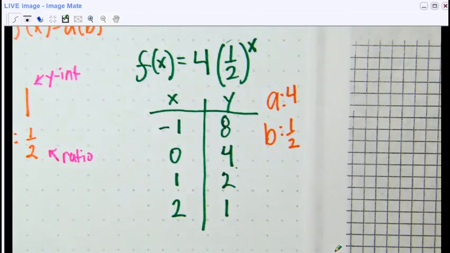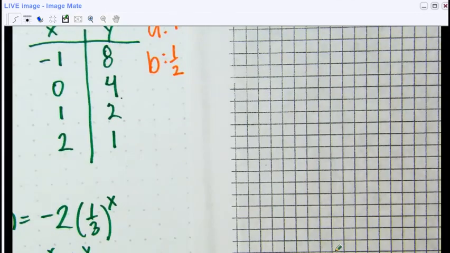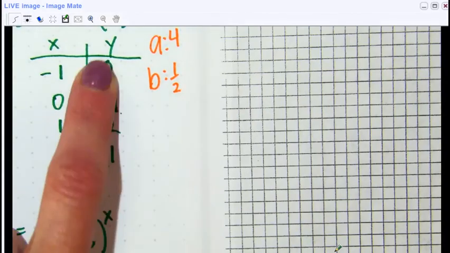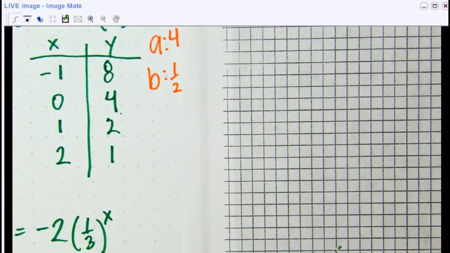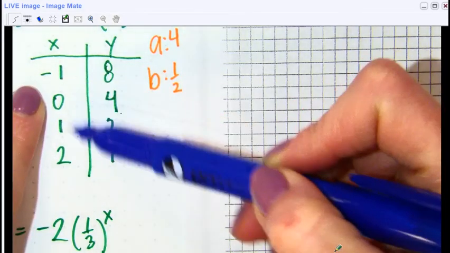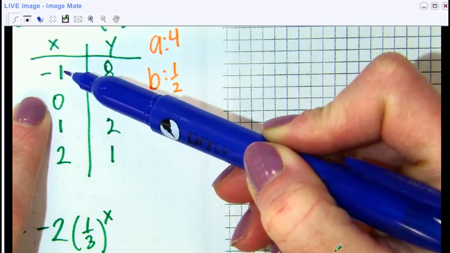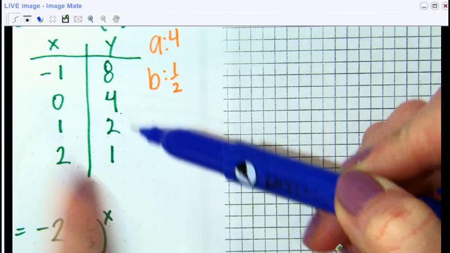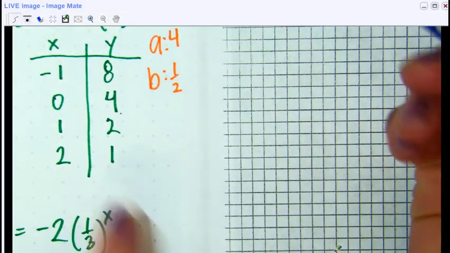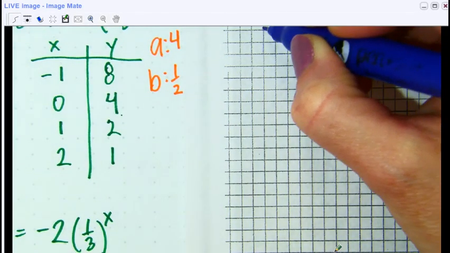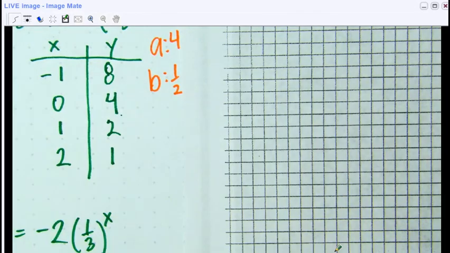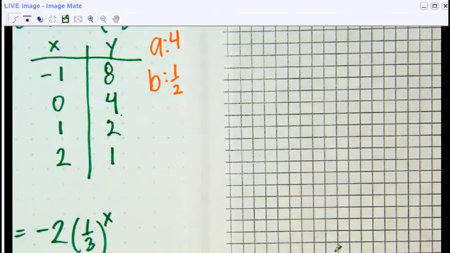And then when you go to graph it, pay attention to what quadrant or what area of the coordinate plane you want to make sure you have available. For example, I need to have at least one negative value on my x's. My y's I can keep all positive. So I would have the first quadrant on my graph for this one. That makes sense.